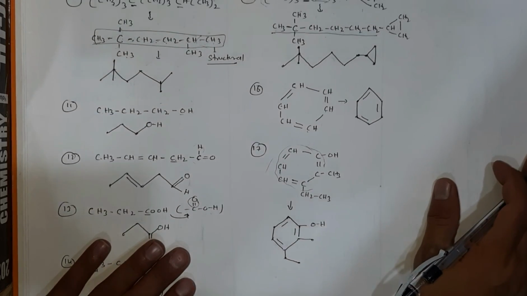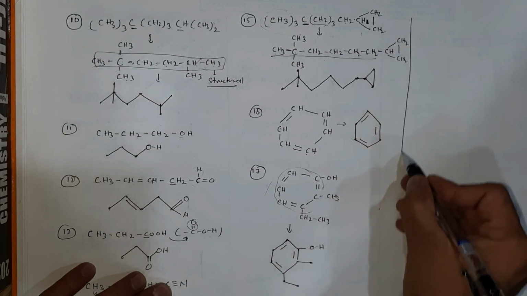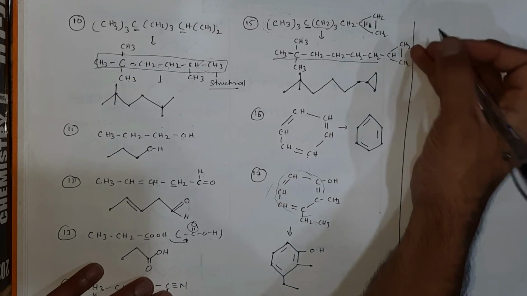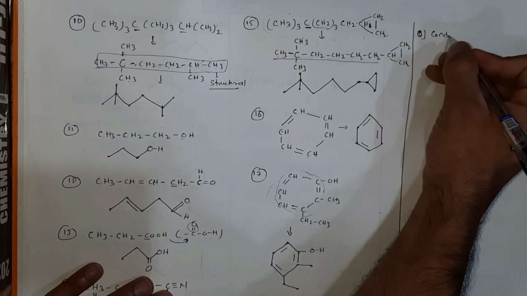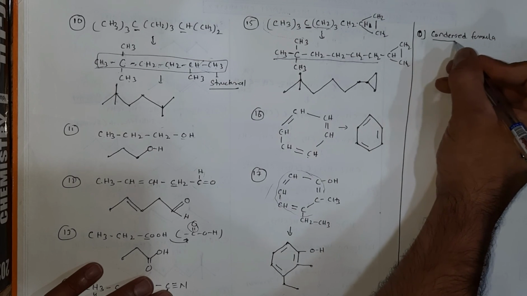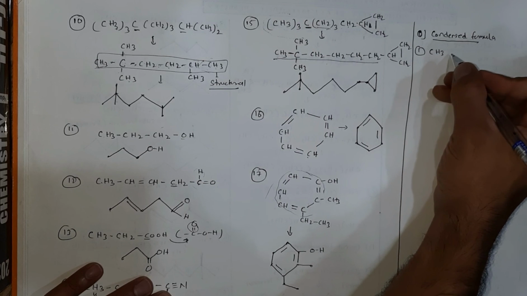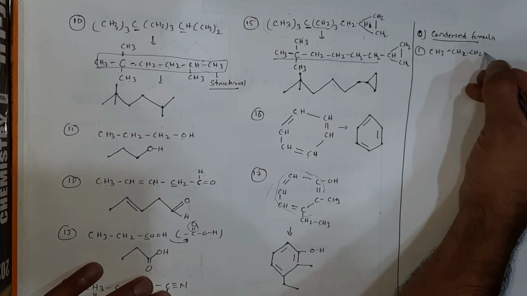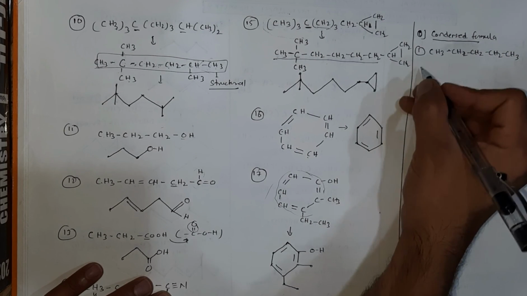Now what do you do as your assignment? You solve some questions for me and send it to me. Okay, first question is conversion of molecule into condensed formula. First molecule CH3 attached to CH2, CH2, CH2, CH3.